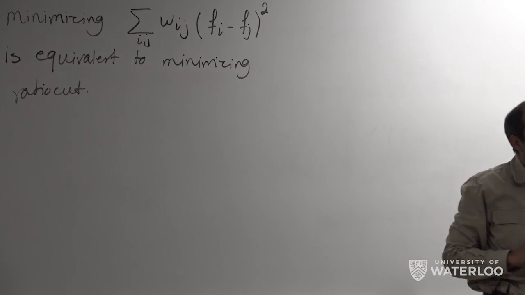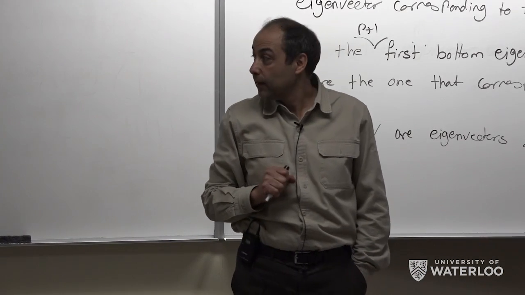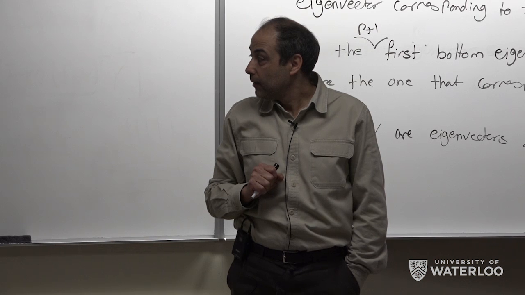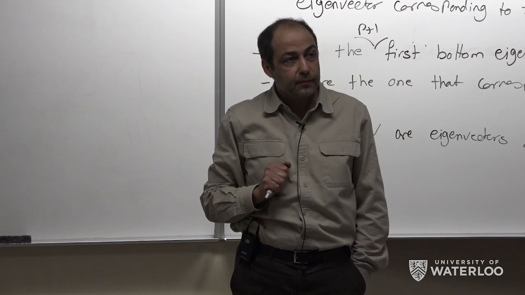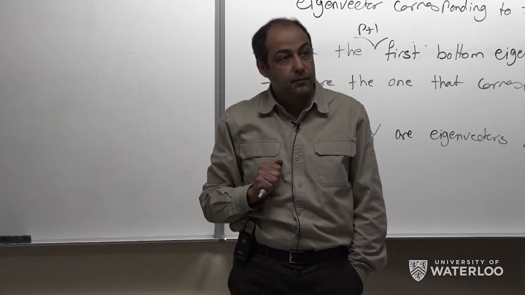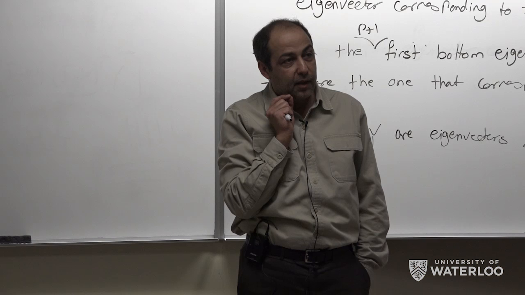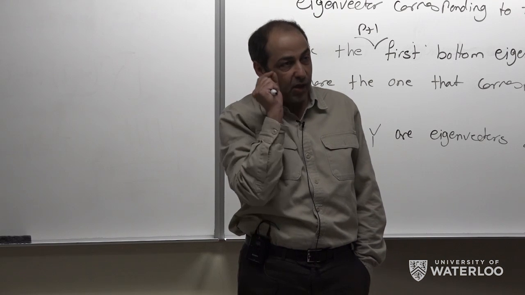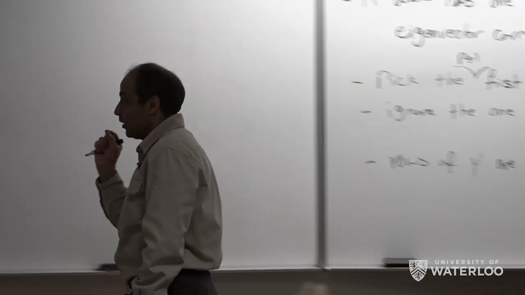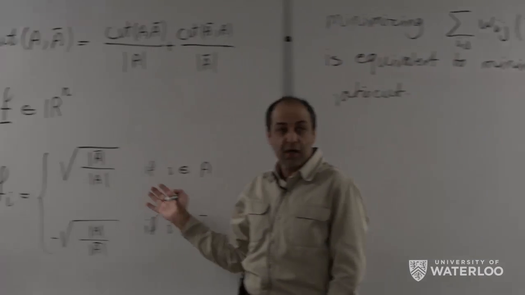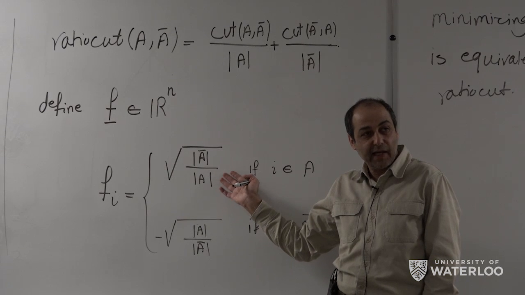Yes? What do you mean that f of i should be equal to f of j? It depends on A. The i is an index, right? For point x_i, f_i is defined this way. If point x_i belongs to set A, that's the label of that point.